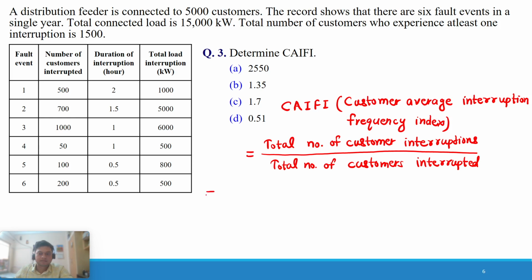Therefore, we can say CAIFI is total number of customer interruptions, that is sigma ni, and total number of customers interrupted, that is Cn.